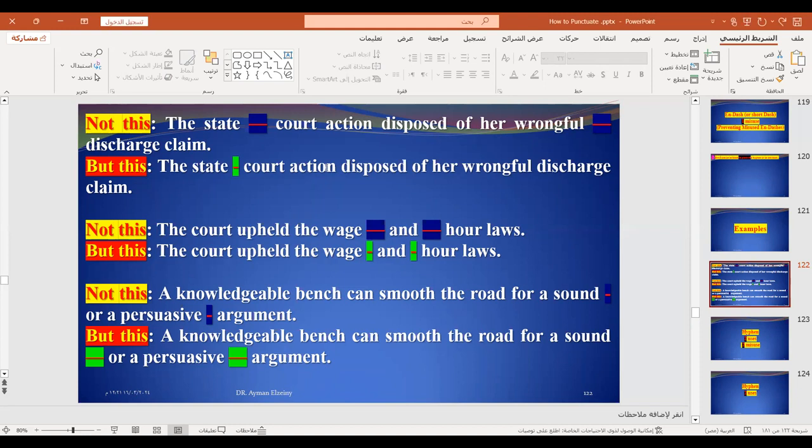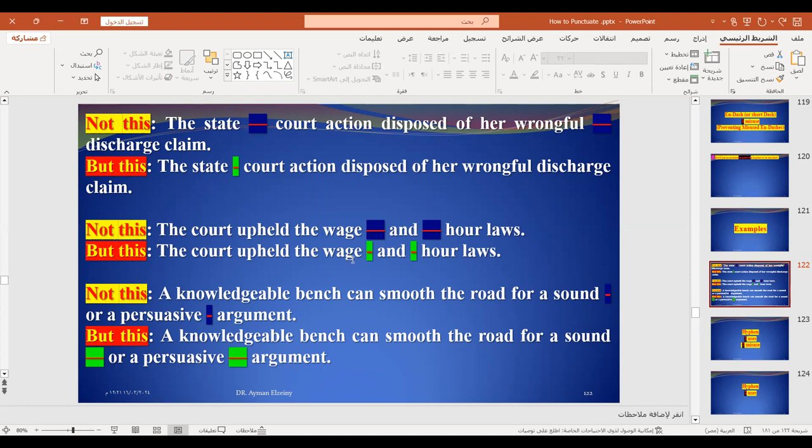Another example, the court upheld the wage and hour loans. Here put it between two em dashes, not en dashes.